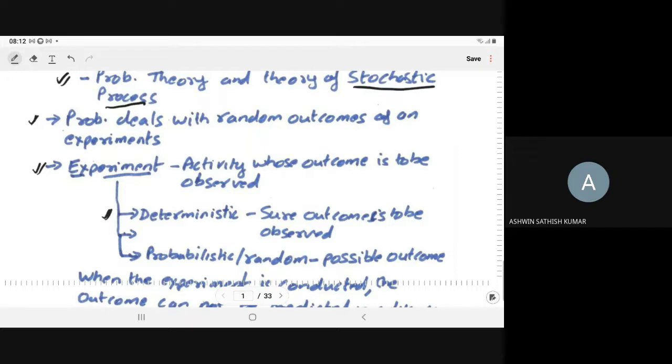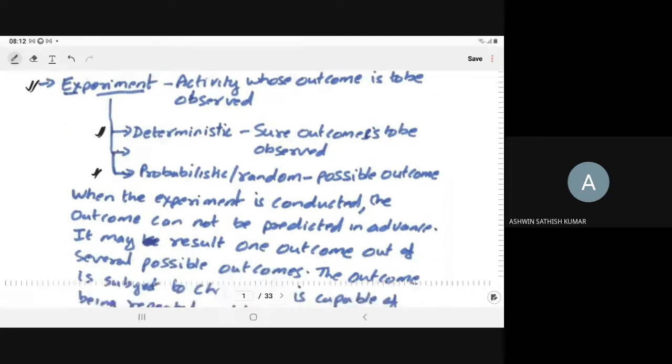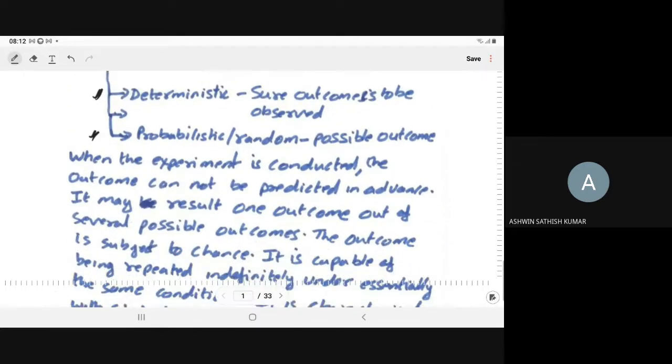Now we have another kind of experiment, the random or probabilistic experiment, where we cannot predict the outcome. We know only the possible outcomes, but what the outcome will be we cannot judge.